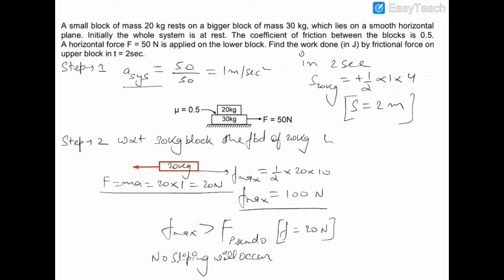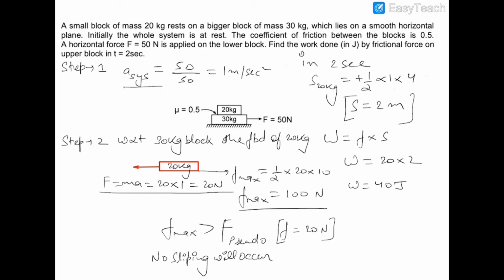and the work done will be equal to force into displacement, F into S. So work done by the friction force on the upper block will be 20 into 2. So work done will be 40 joules.